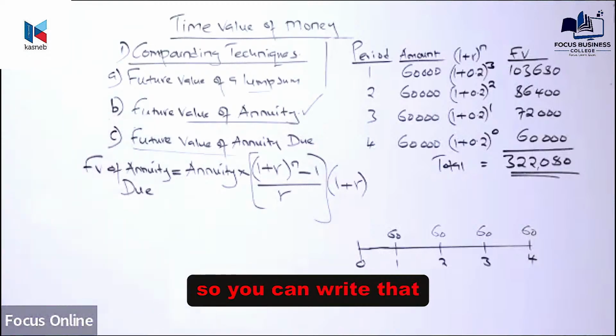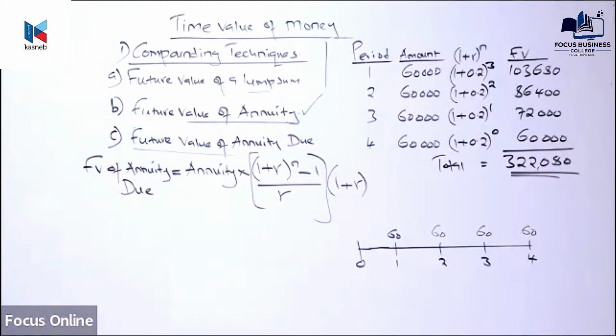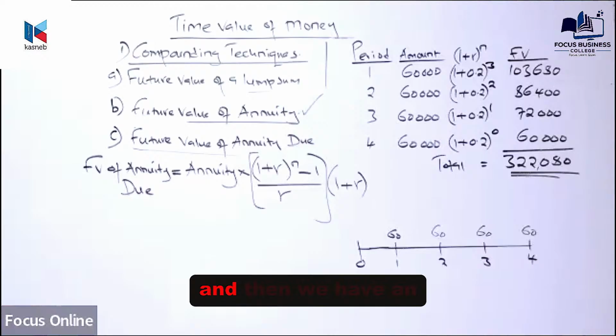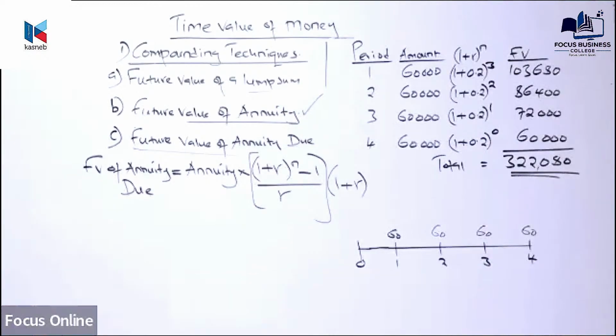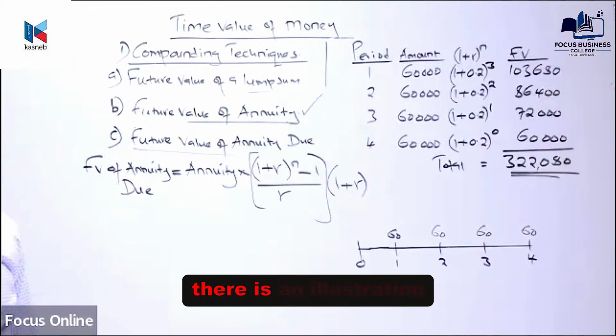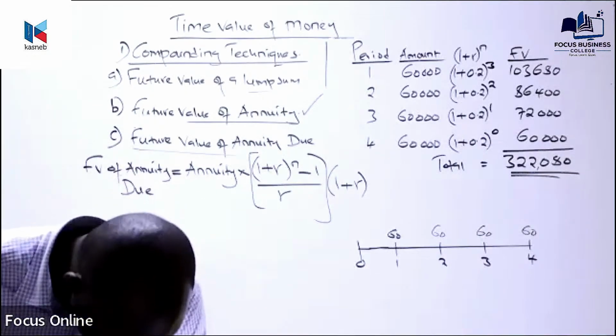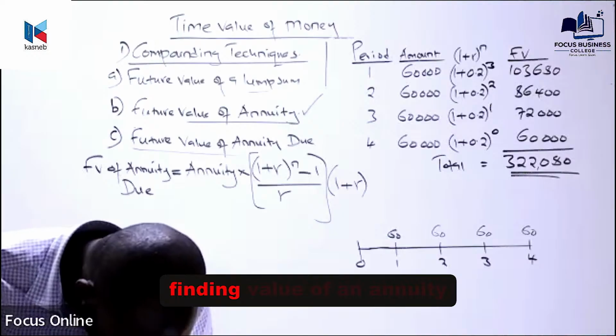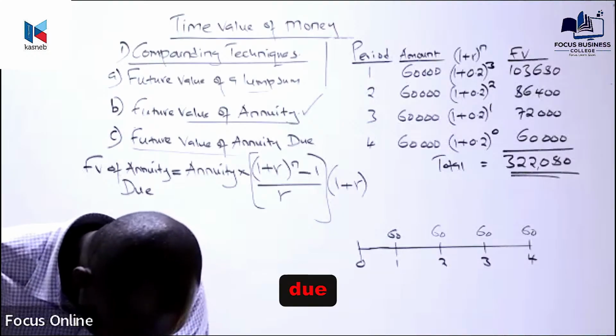So you can write that. And then we have an illustration. Back to the handout, there is an illustration: finding the value of an annuity due.